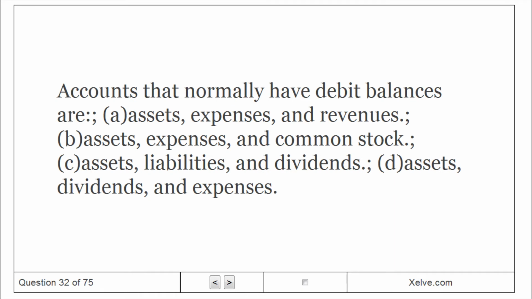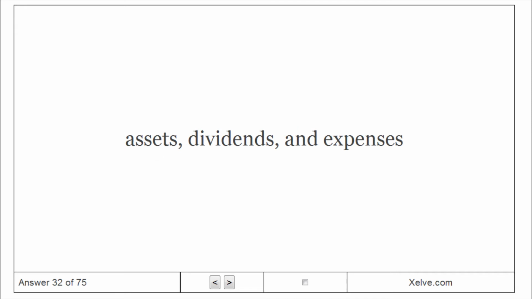Accounts that normally have debit balances are assets, expenses, and revenues; assets, expenses, and common stock; assets, liabilities, and dividends; or assets, dividends, and expenses. Assets, dividends, and expenses.